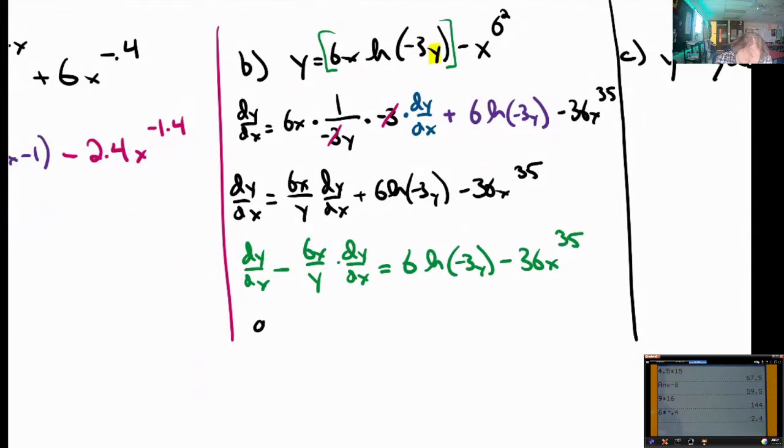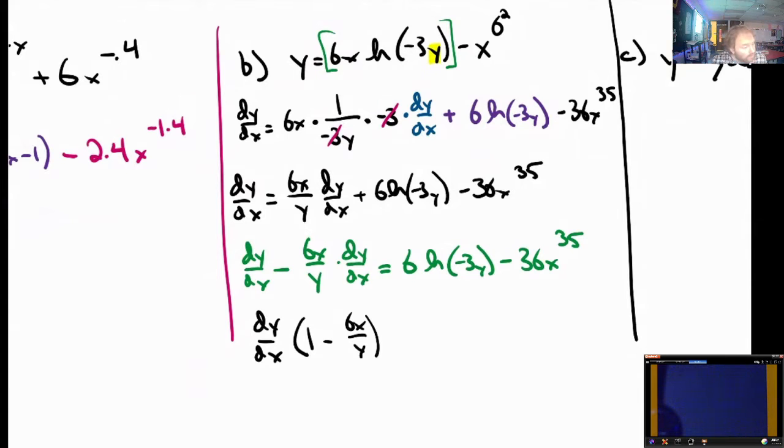Let's go ahead and factor our dy/dx out: 1 minus 6x over y equals 6 natural log of negative 3y minus 36x to the 35th power.